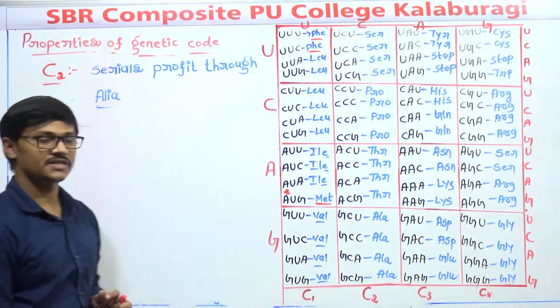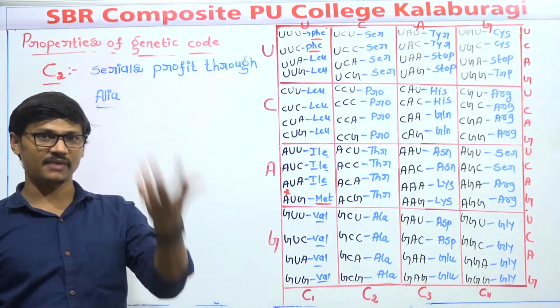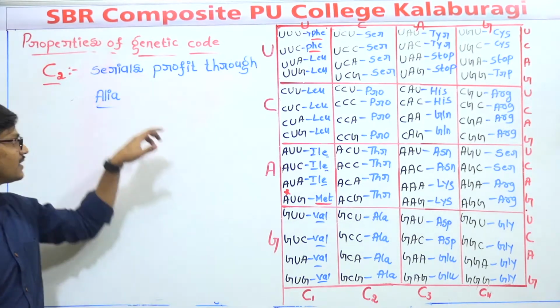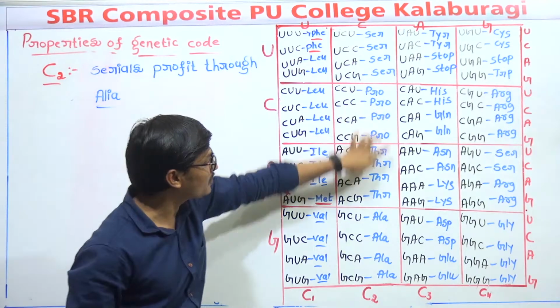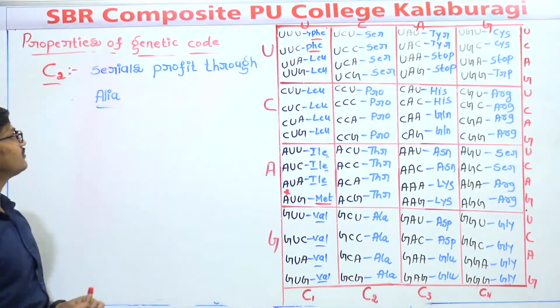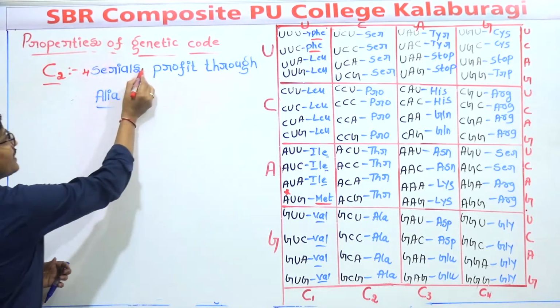Just imagine there is a cereal producer. He wants to get a profit from his cereal. That's why he planned to introduce Alia. By remembering this statement, you can easily recall all the amino acids. How? Before that, write 4, 4.